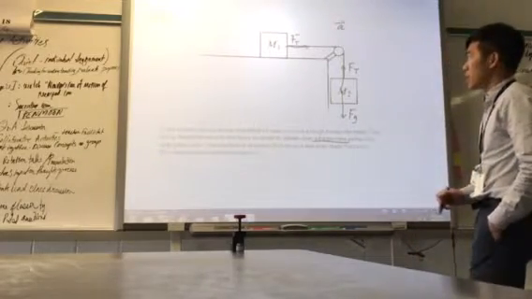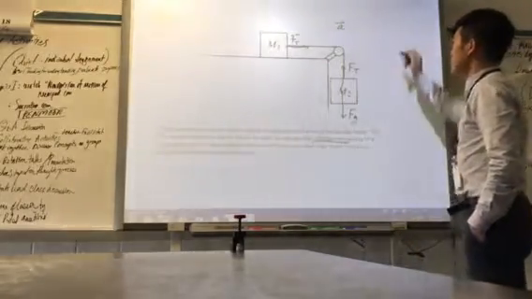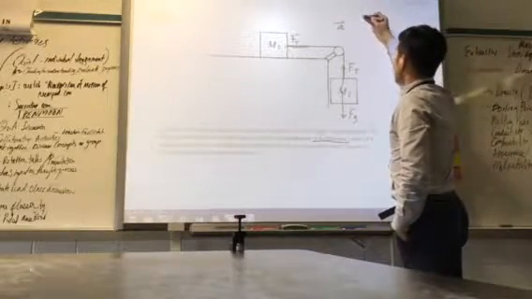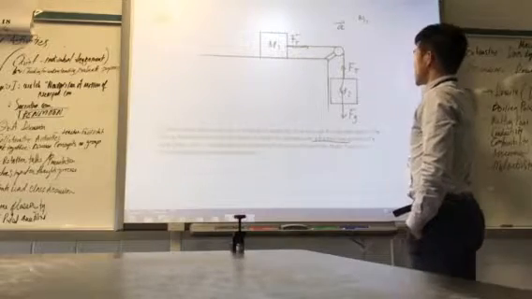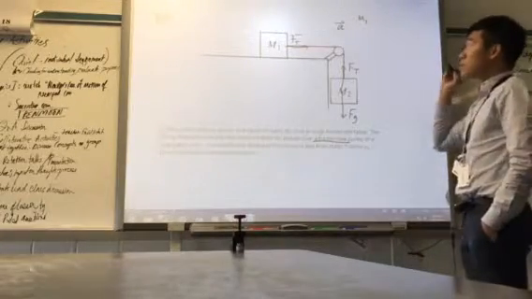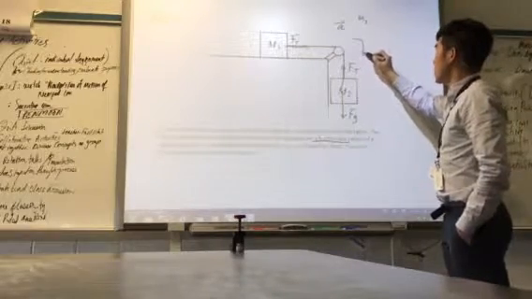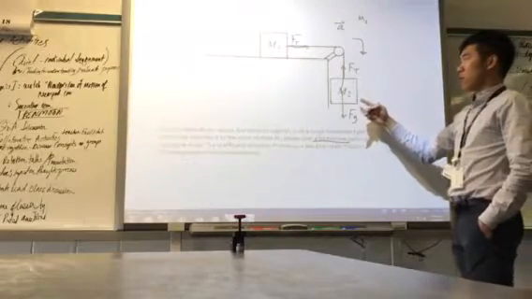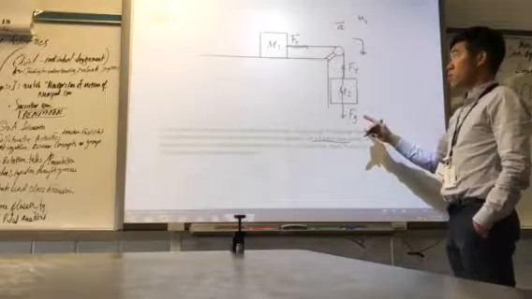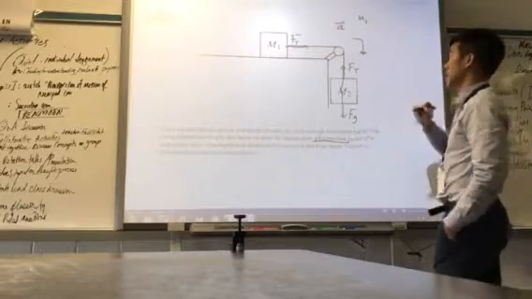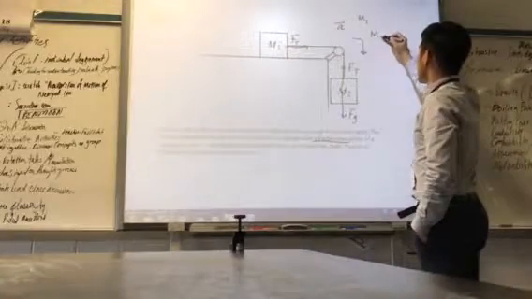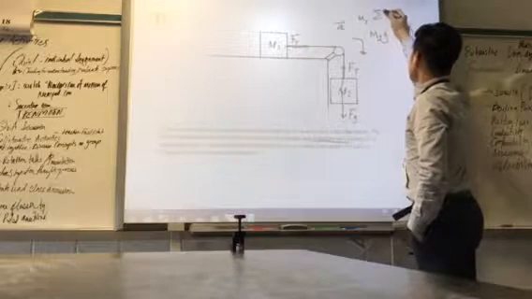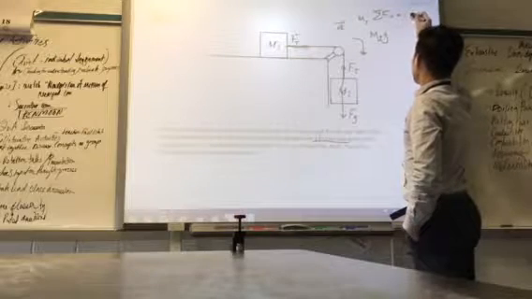So for this one, I'm just going to do it right here. I'm going to take mass 2 first, the hanging box. I'm going to pretend the box is moving this way. So for this box, the gravity force must be greater than the force of tension. So I'm going to write down M2G, the summation of the force is equal to MA.